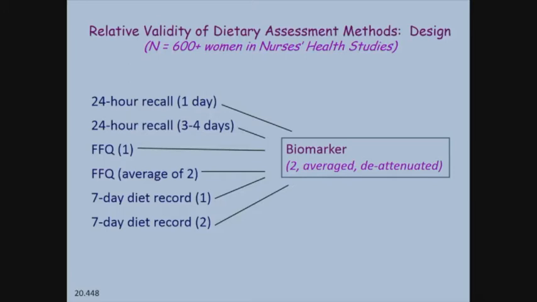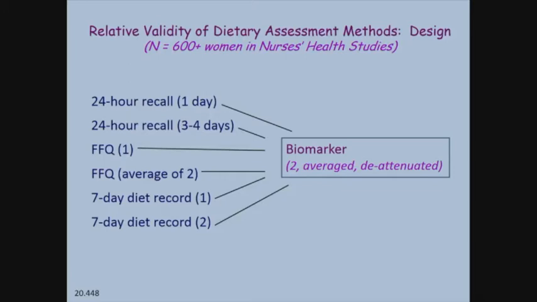And so the question has been, which is the best for our epidemiologic studies? We've recently completed a major validation study of a bit over 600 women in the Nurses' Health Study 1 and 2. And here we also had a unique collection of biomarker measurements that we used, including doubly labeled water. So we could look at the relative validity of these 3 methods.